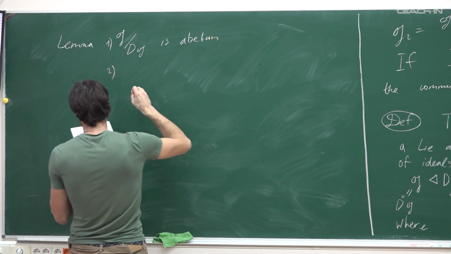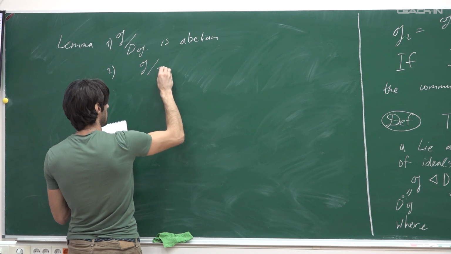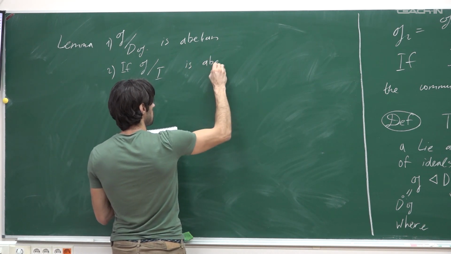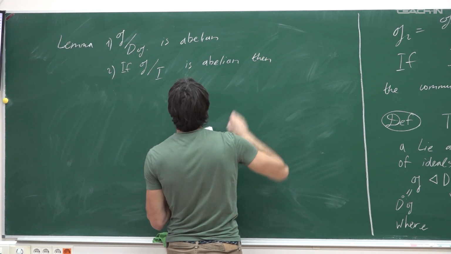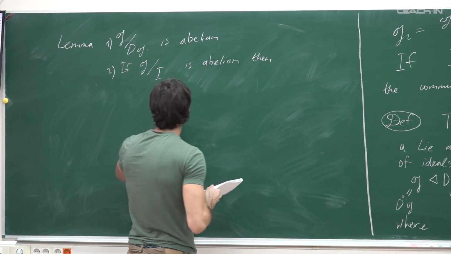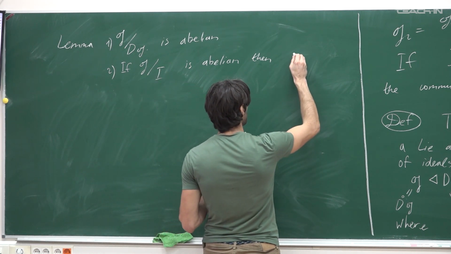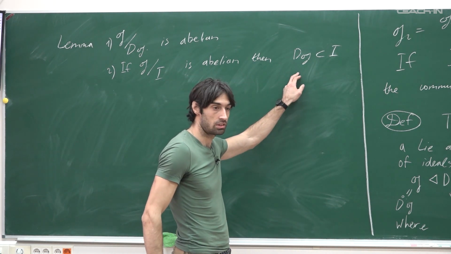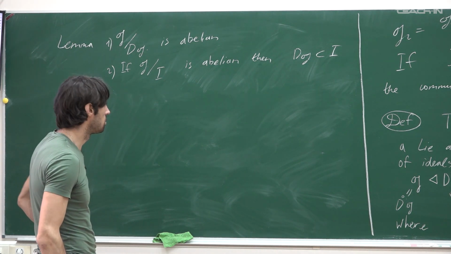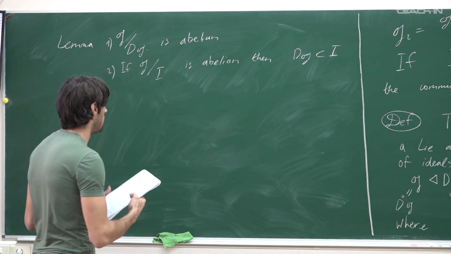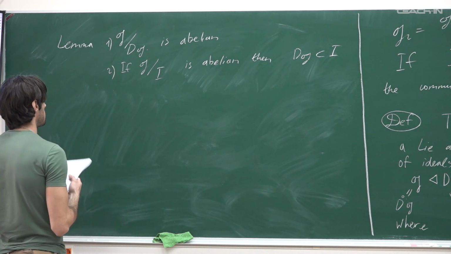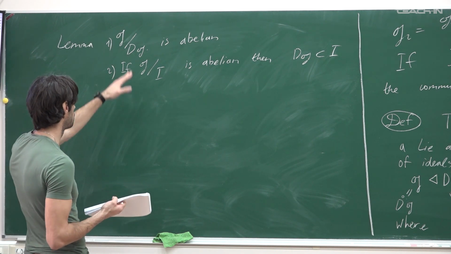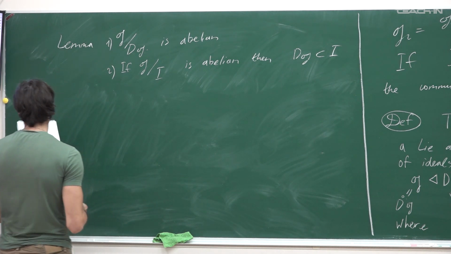And on the other hand, if I have an ideal I, and if the quotient by this ideal is abelian, then I actually contains DG, so DG is inside I. DG is sometimes called the derived Lie algebra, D1 G. It is the minimal ideal inside G such that if we quotient by it, we get an abelian algebra. That's what this lemma says.